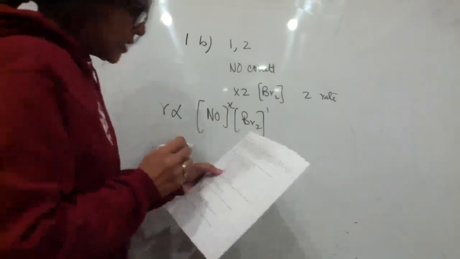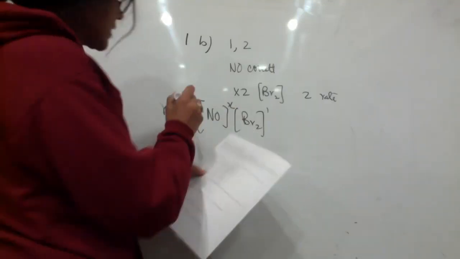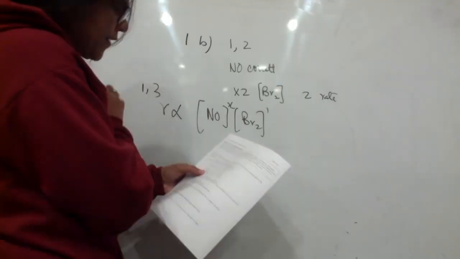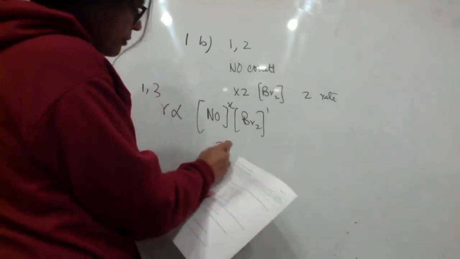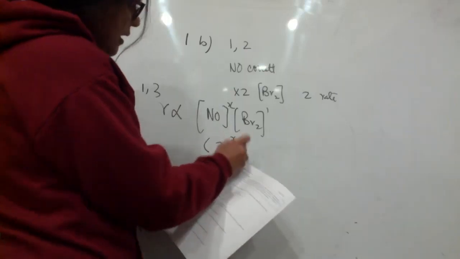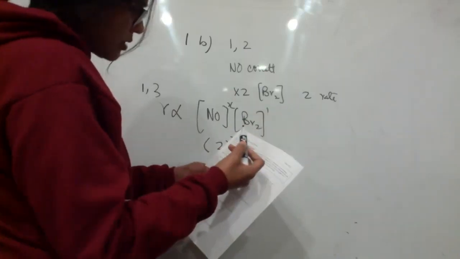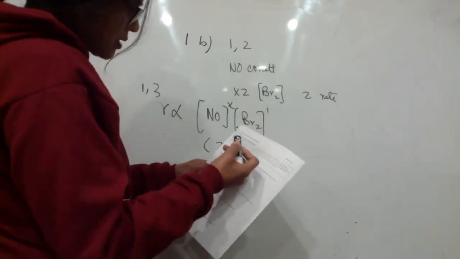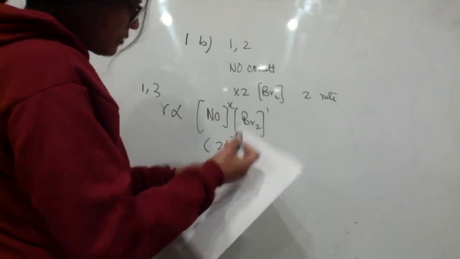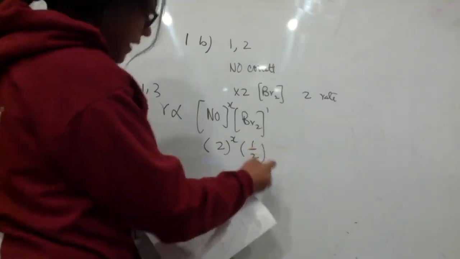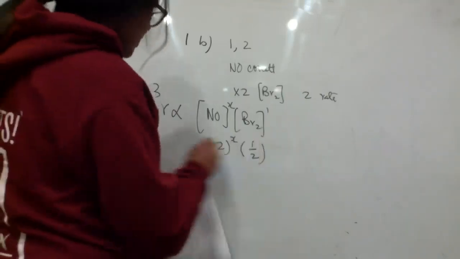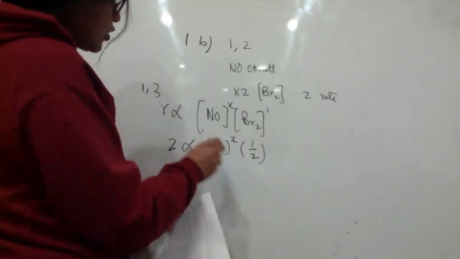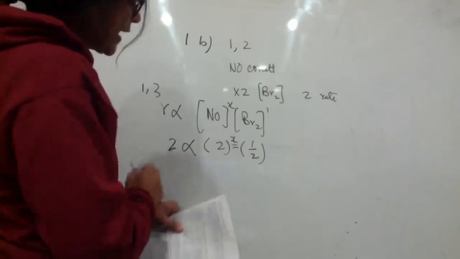So let's look at between first and third. If we now look at between first and third, NO doubles, Br2 becomes 1/2, right? And rate doubles. So what should be the value of X?